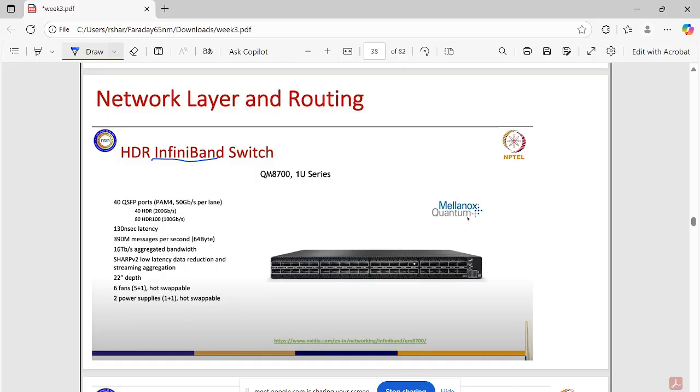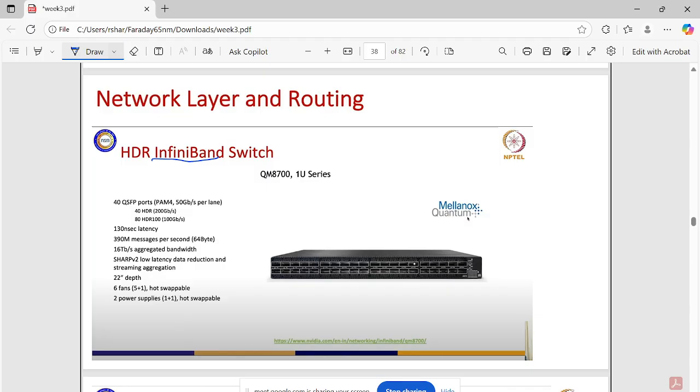It is from NVIDIA. NVIDIA uses InfiniBand, and also other kinds of interconnects like NVLink. InfiniBand constitutes around 99% of top ranking systems' switches.